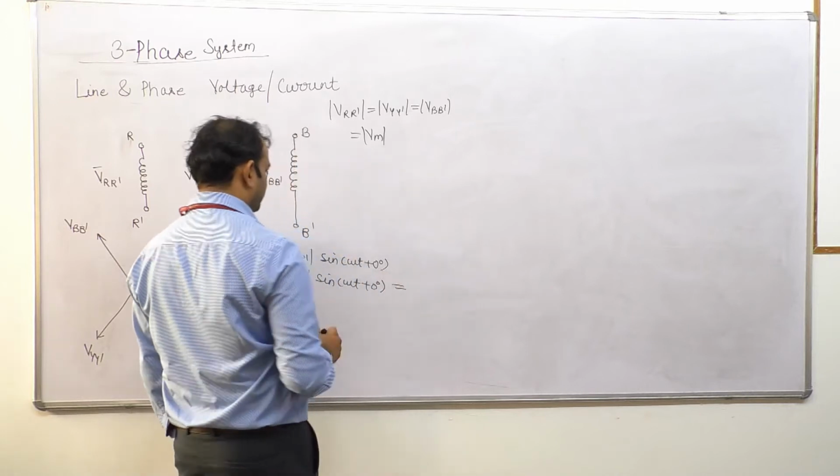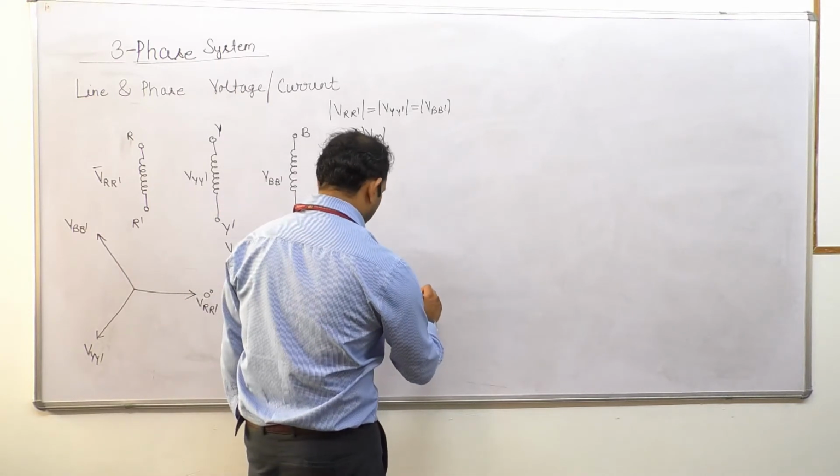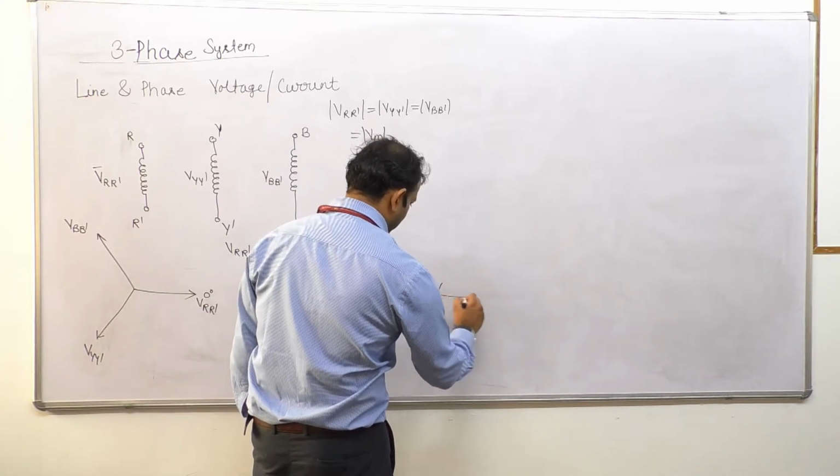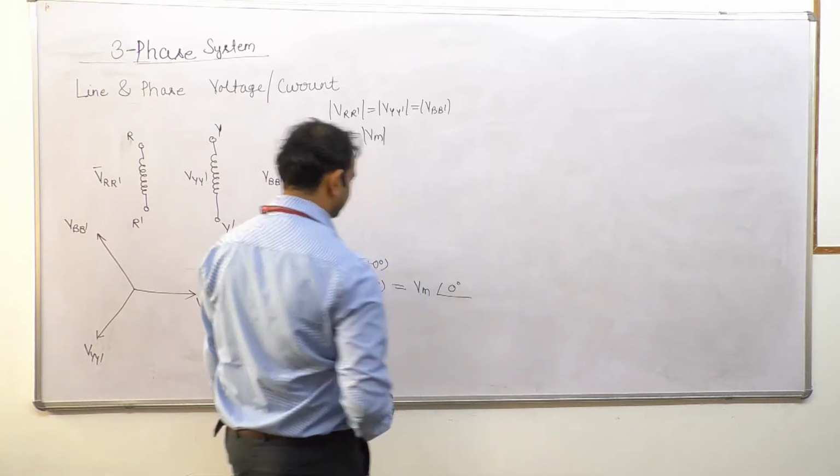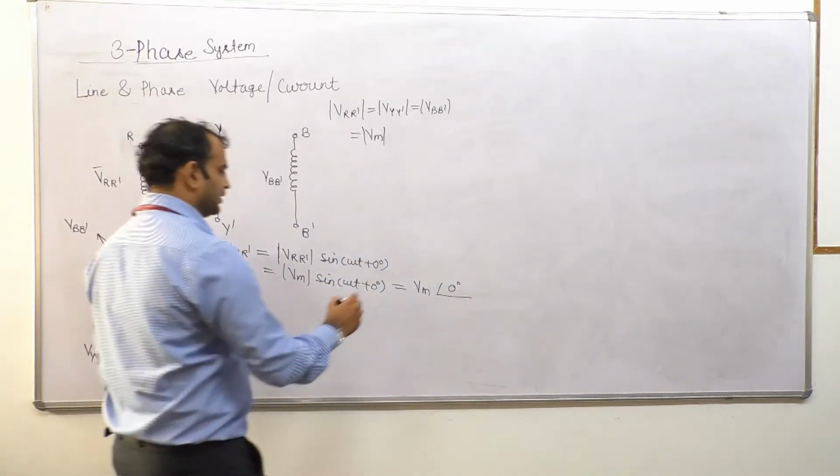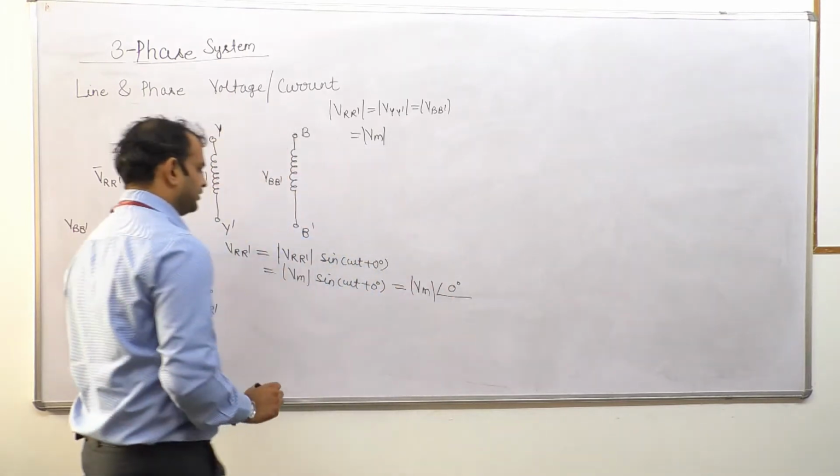In polar form, we can write Vm angle 0 degree, the magnitude and the angle.